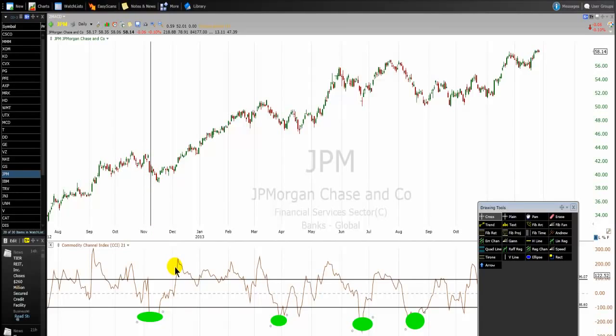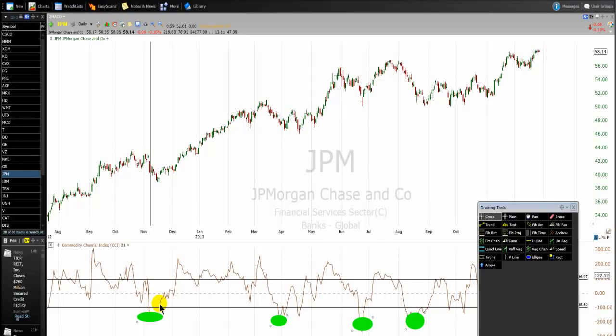Another approach one can use to avoid this mistake is to wait until it dips below the minus 100 and stays below it, until it crosses back above it. I don't teach this kind of trading method. It's just something, if you are making this mistake all the time, you can use to avoid rushing into the trade.